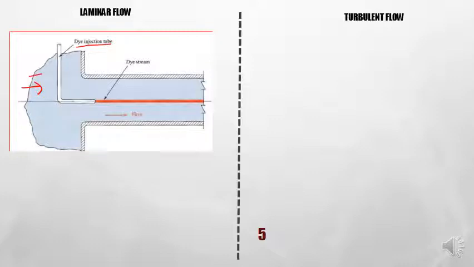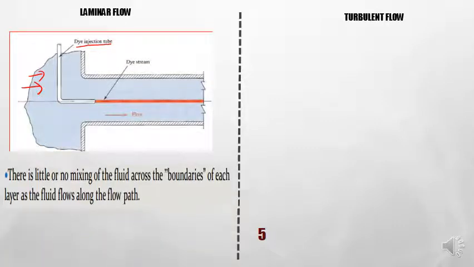For example, you can imagine that this is water flowing inside this tube, and you inject dye just to give some color so that it will be easy for you to recognize the types of flow. If it's laminar flow, there will be no mixing of fluid across the boundaries of each layer as the fluid flows along the path. As you can see here, there is no mixing between the streams.